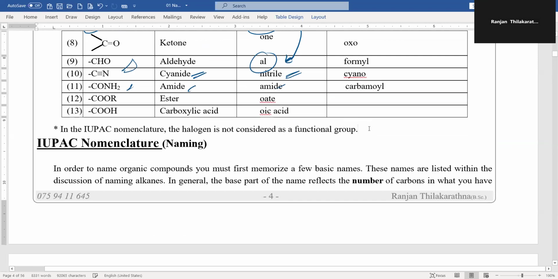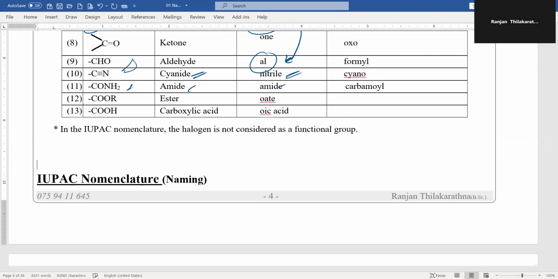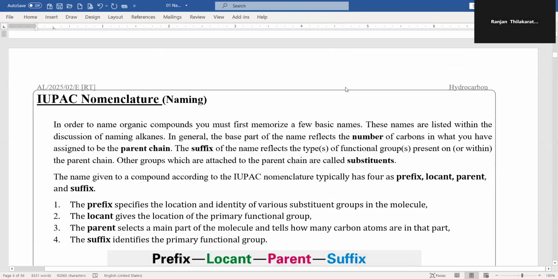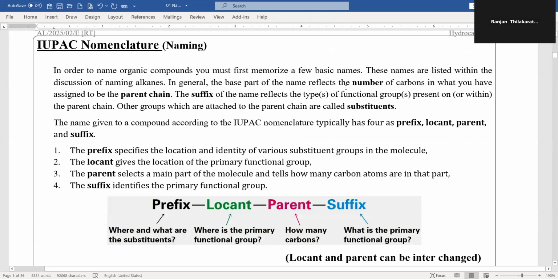Then the IUPAC nomenclature. Nomenclature means naming of compounds, how you can name the organic compounds. I told you that we have millions of organic compounds. Then how can you remember millions of names of compounds?